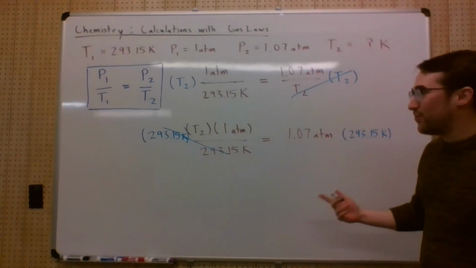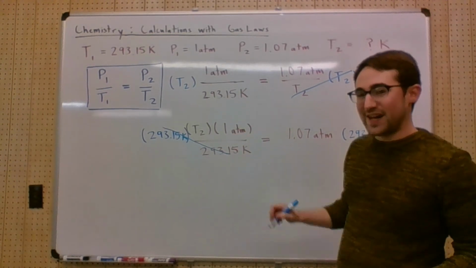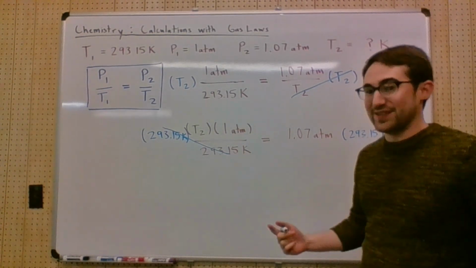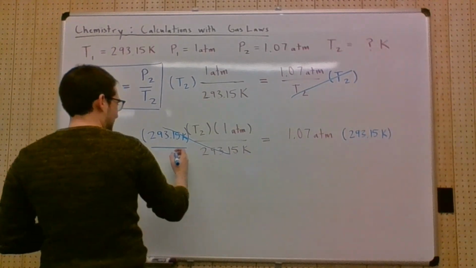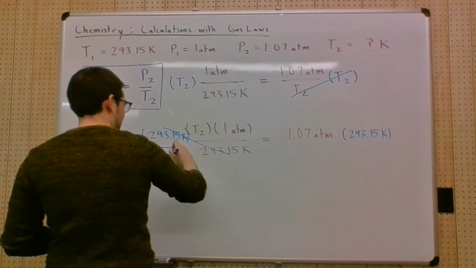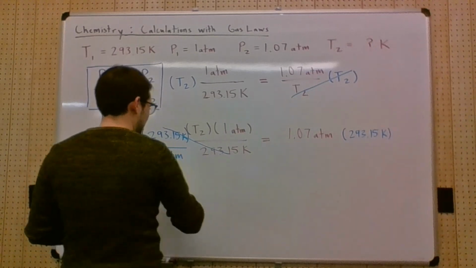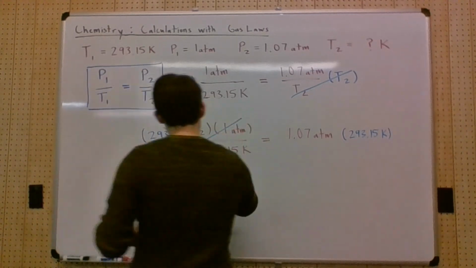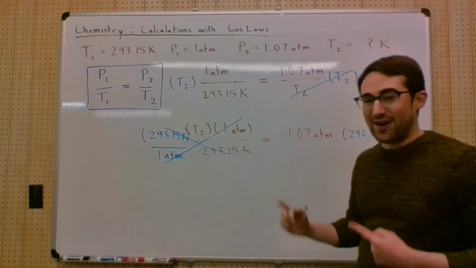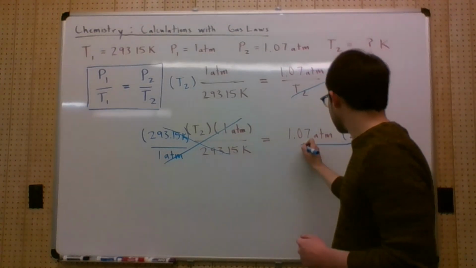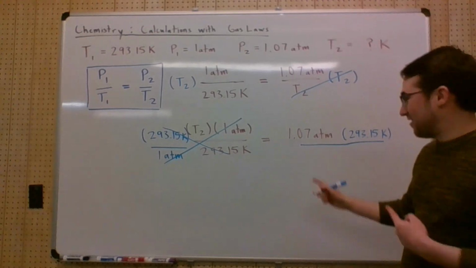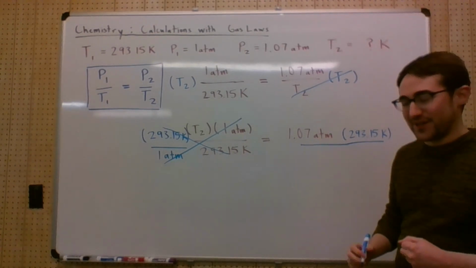And then the next step would be to divide both sides by this 1 atmosphere. I'm going to do it in the same step. So we also cancel that off the left side. And I want to divide off the 1 atmosphere over here also.